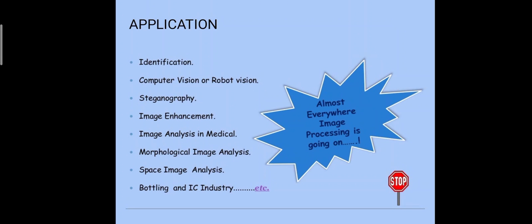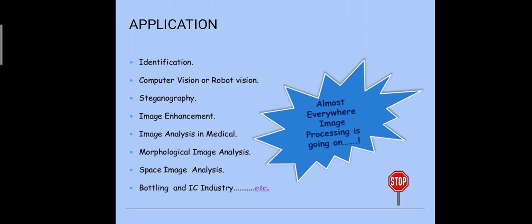So this is a DIP application. Image restoration is an image processing application, and it has particular applications of its own. It can be used in many software systems, like identification, computer vision or robotics vision. There are some projects where we have to find what the actual object is.